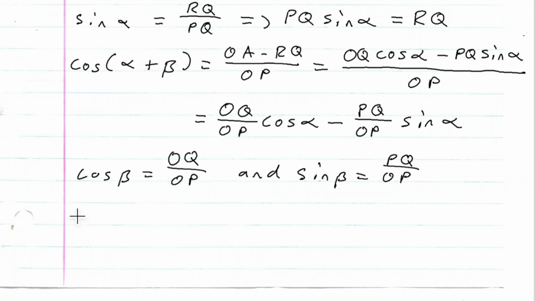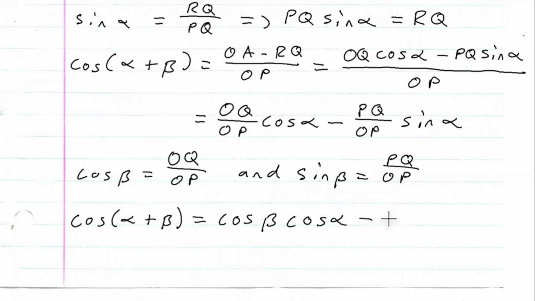So now we have cosine of alpha plus beta is equal to OQ over OP, which is cosine beta, times cosine alpha, minus sine beta sine alpha.